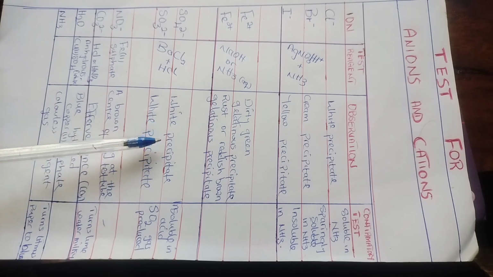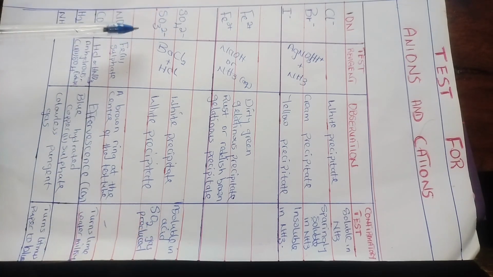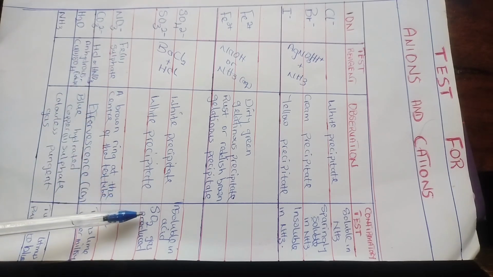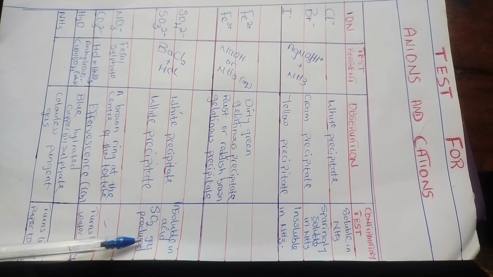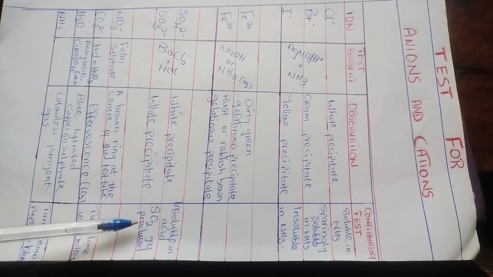If the test further says the precipitate was insoluble in excess acid, you know that it's the sulfate ion. If the information further says a gas was produced that changes orange dichromate to green, or changes purple potassium permanganate to colorless, you know that it is sulfite ion.